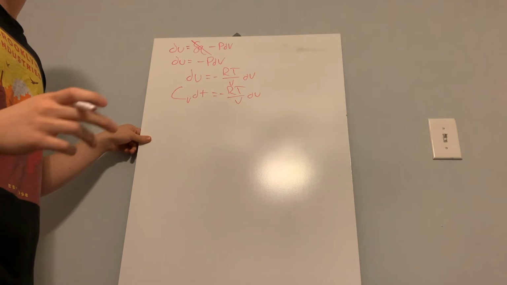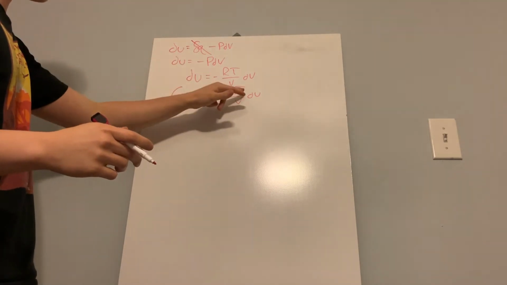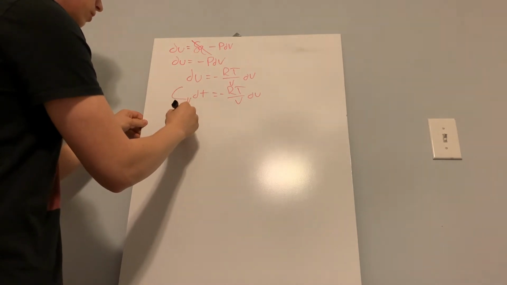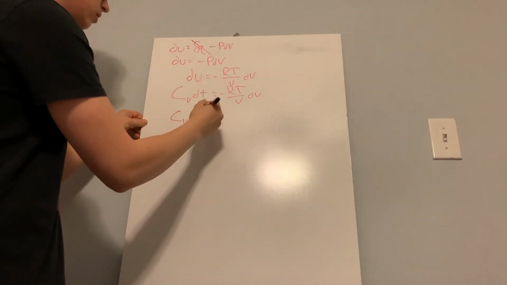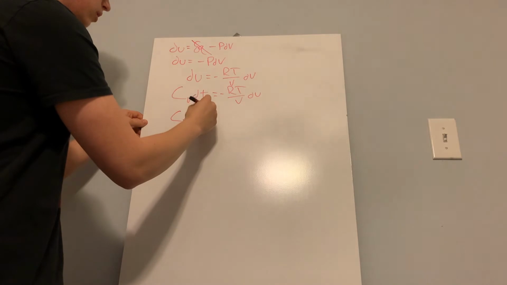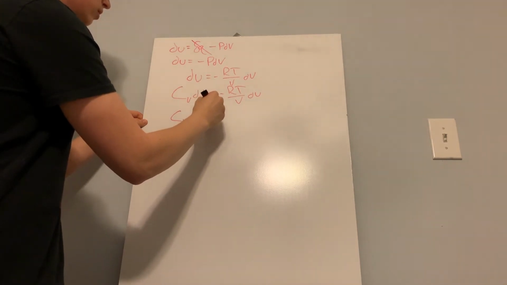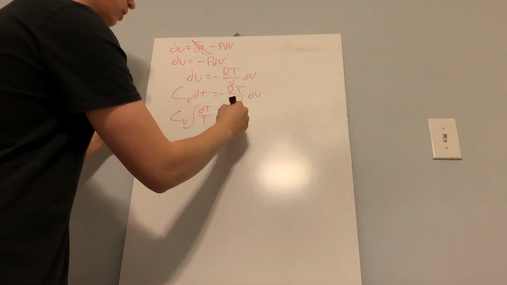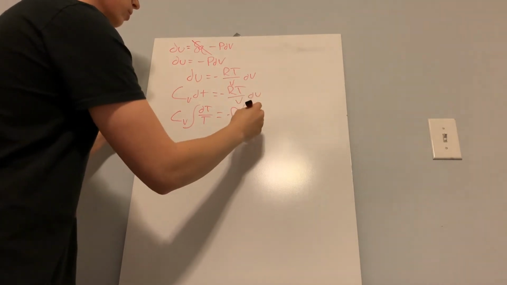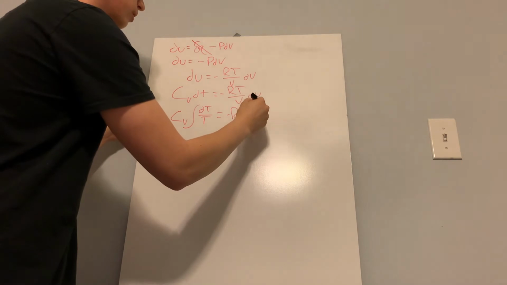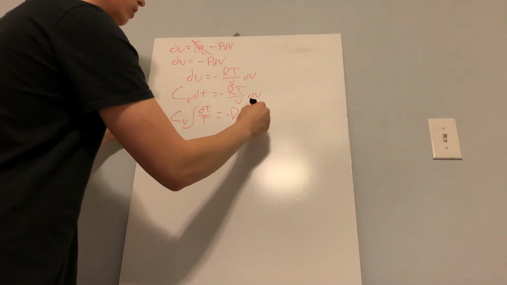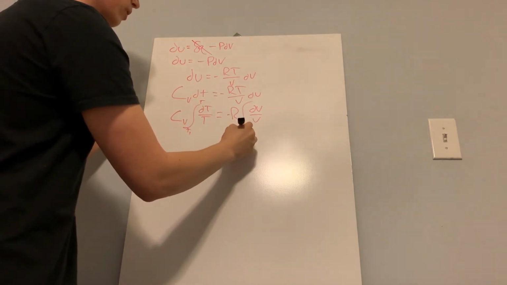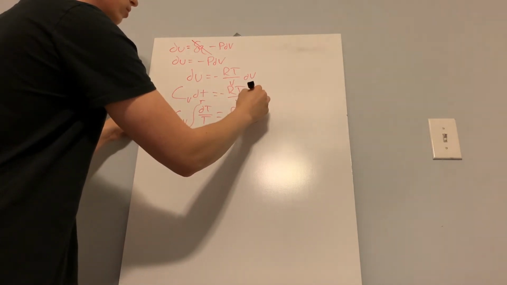Now we're going to integrate both sides, and we're going to get our temperature over to our left side. So we have Cv times the integral of dT over T, which is equal to negative R times the integral of dV over V. This is from T1 to T2, and this is from V1 to V2.